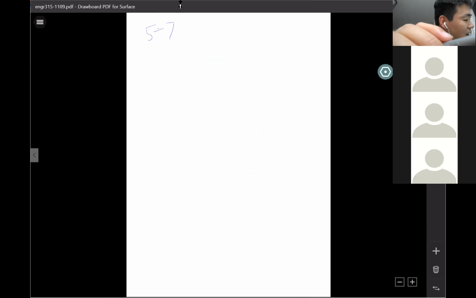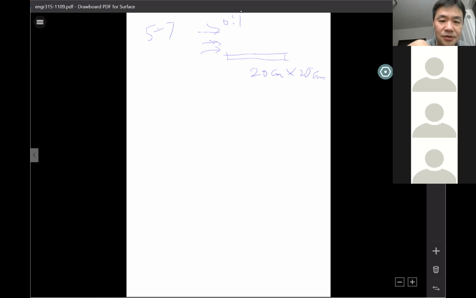Example 5.7 says engine oil at 20 degrees Celsius is forced over a 20 by 20 plate. The dimension is 20 centimeter by 20 centimeter, so it's a square. The velocity U infinity is 1.2 meters per second.